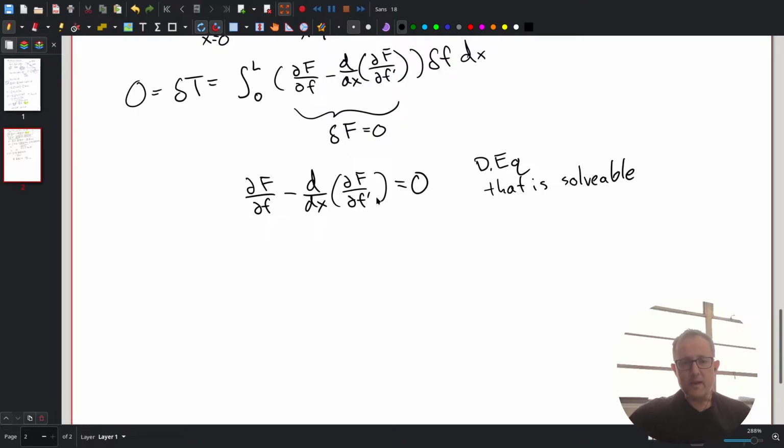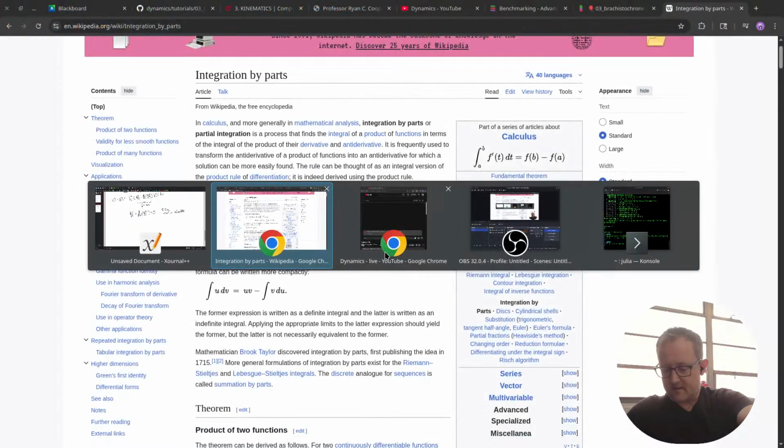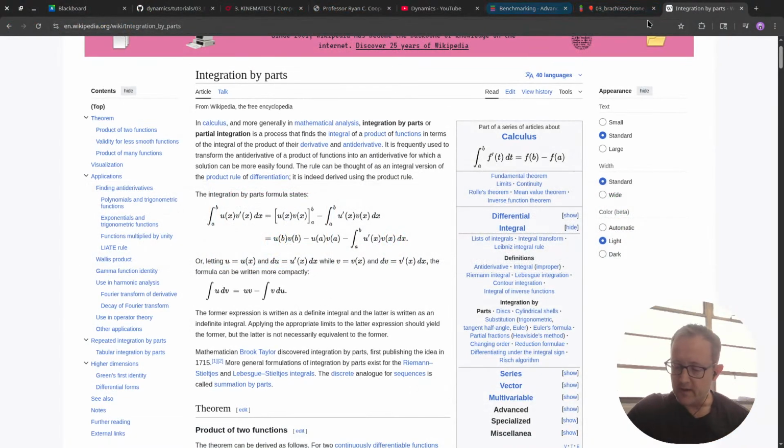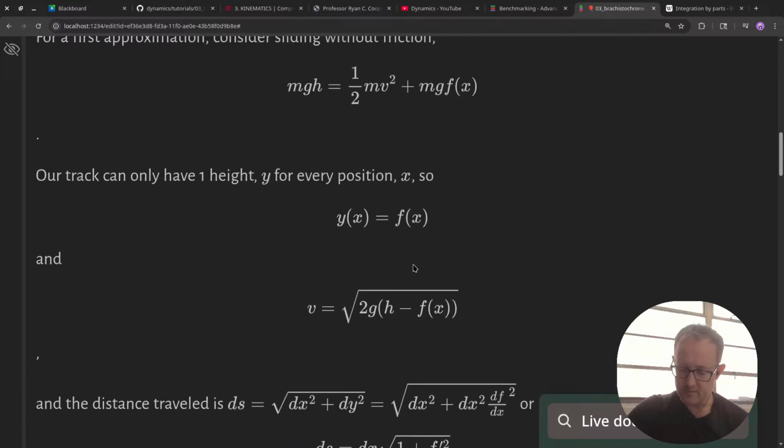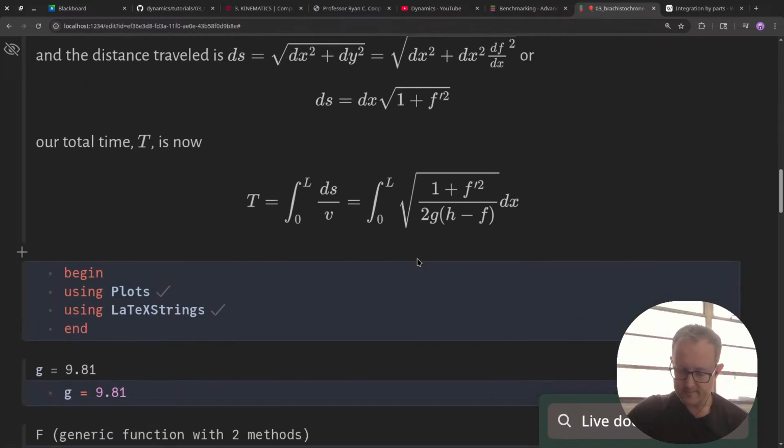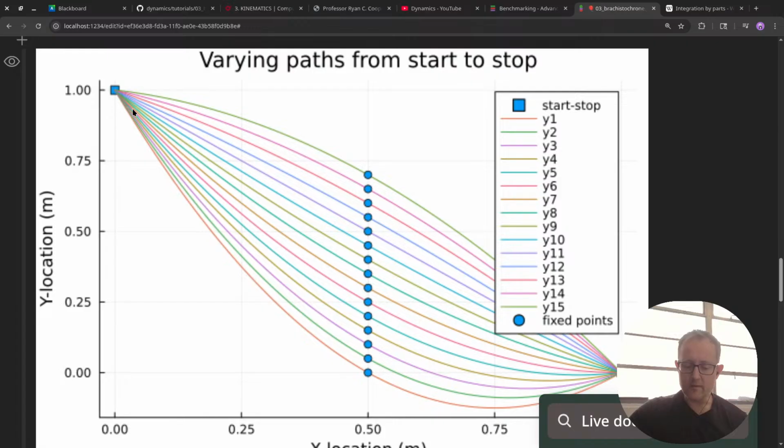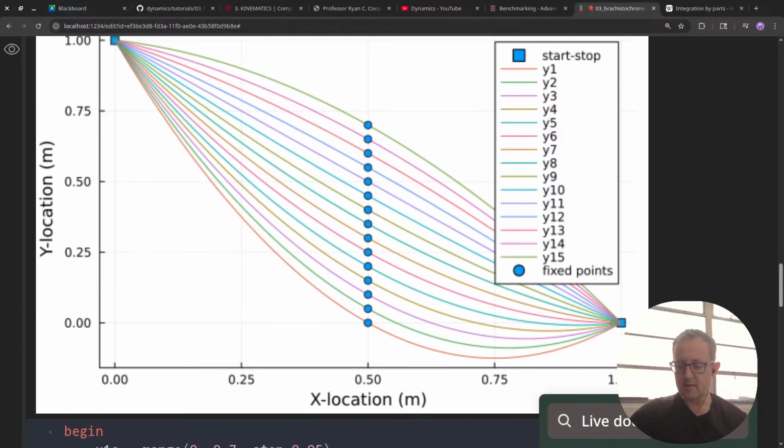And if we come back to the idea that we started with, what function can I plug in that minimizes the amount of time that I spend traveling from top to bottom?